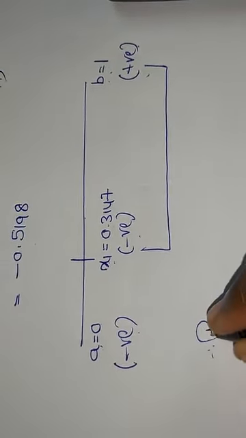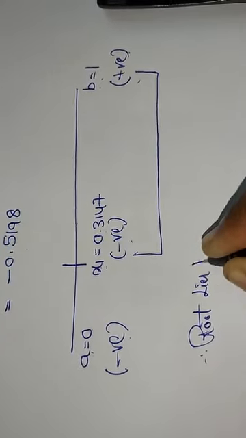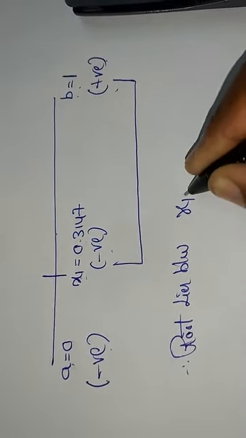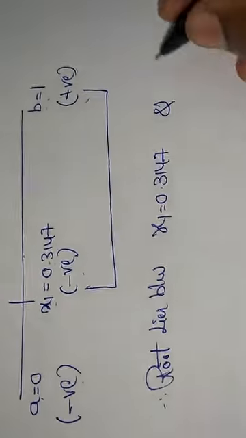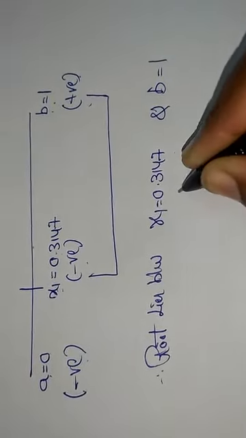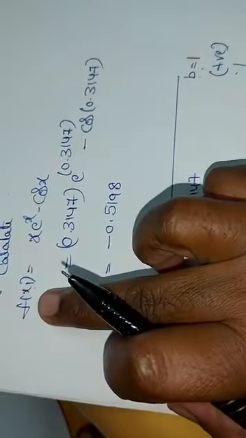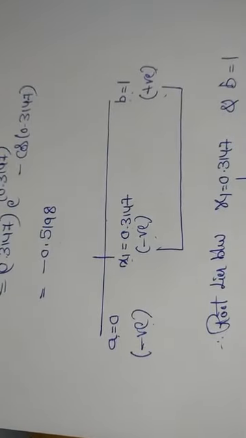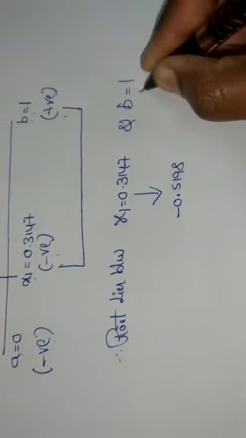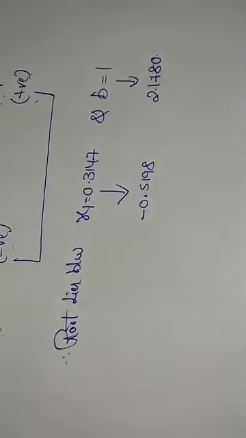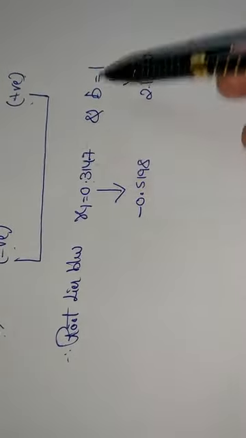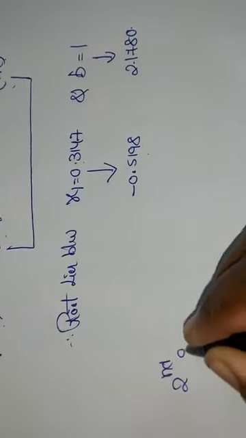So therefore, the root lies between x1, that is 0.3147, and B equal to 1. For x1, the value of f of x1 is minus 0.5198. For B equal to 1, it is 2.1780. Now again, take this as a, b, f of a, f of b, and calculate the second approximation.